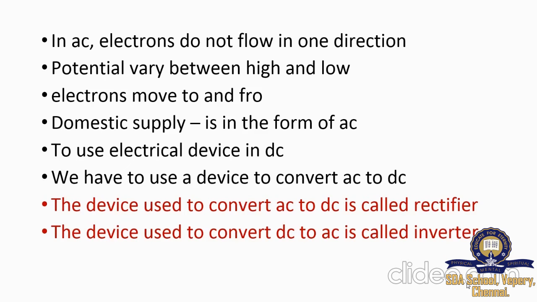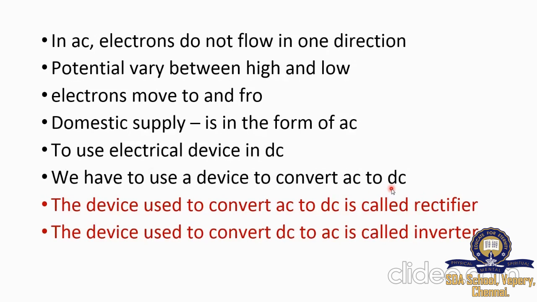Thus, the electrons move to and fro in the wire carrying alternating current. And the domestic supply is in the form of alternating current. When we want to use an electrical device on direct current, then we have to use a device to convert alternating current to direct current.